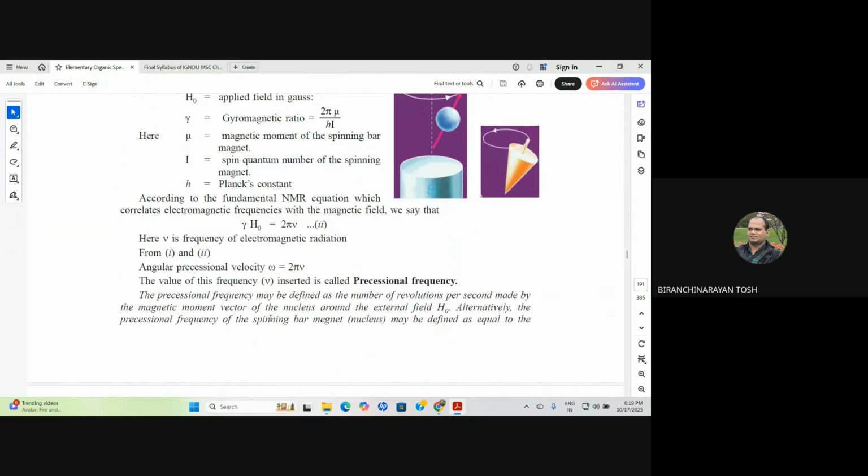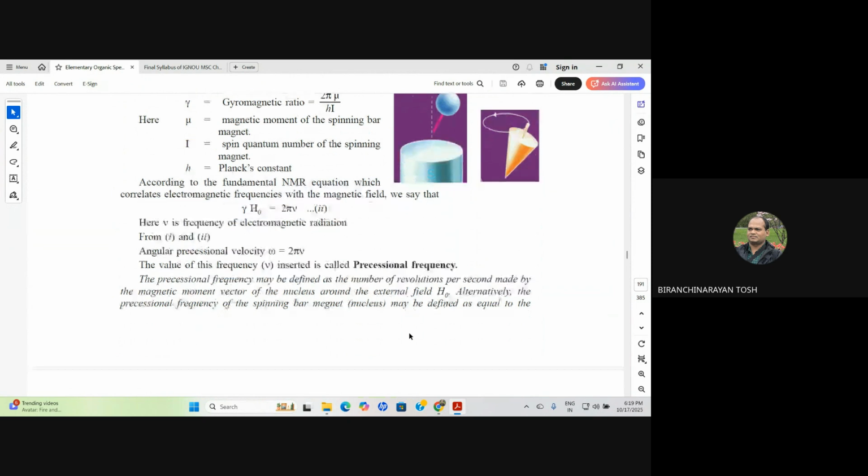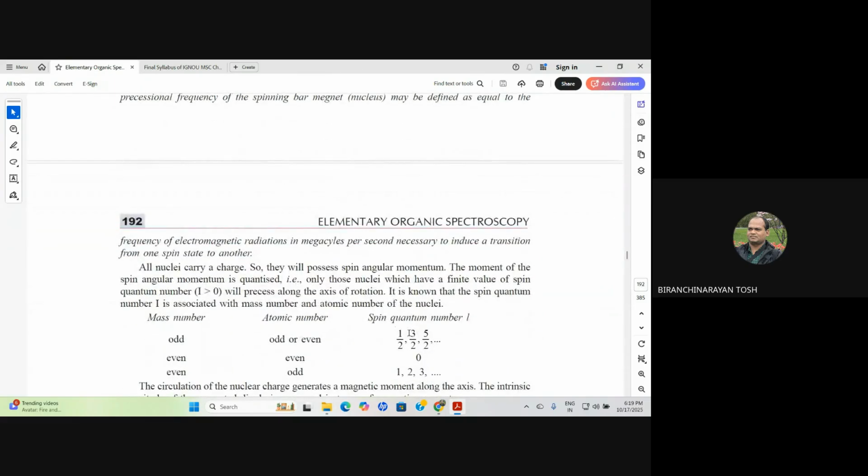The precessional frequency may be defined as the number of revolutions per second made by the magnetic moment vector of the nucleus around the external field H naught. Alternatively, the precessional frequency of the spinning bar magnet may be defined as equal to the frequency of the electromagnetic radiation in megacycles per second necessary to induce a transition of spin from one state to another.